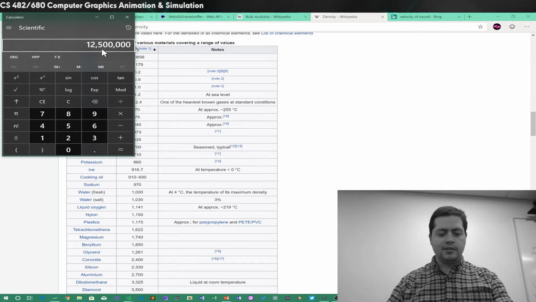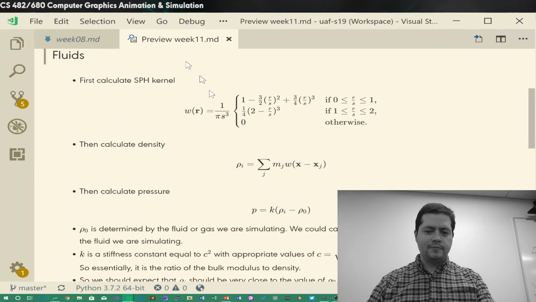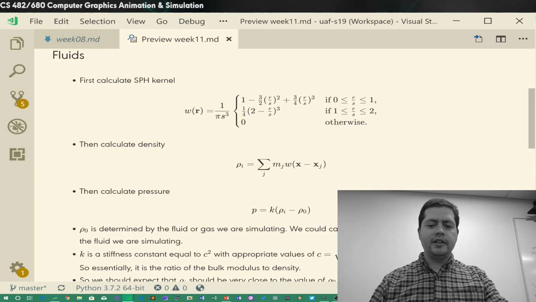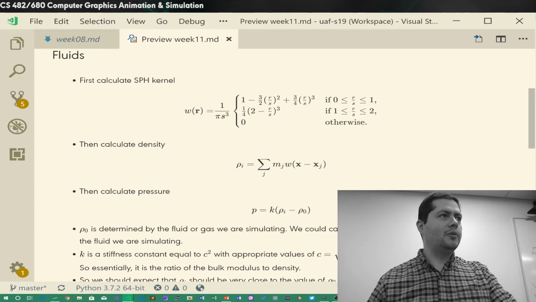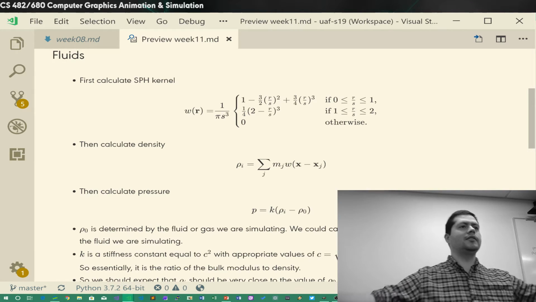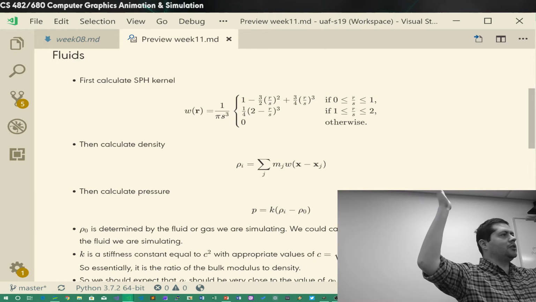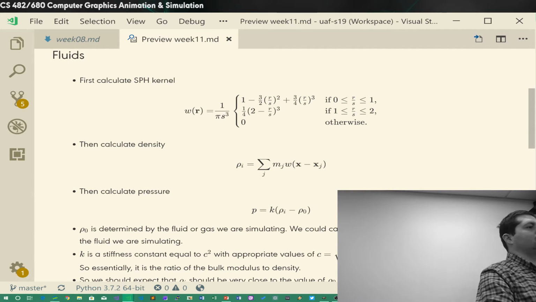But let's think about this in more detail. This rho naught is the reference density of the entire material. Say we're simulating 1 cubic meter of water. That reference density is basically how much water is inside 1 cubic meter, right?